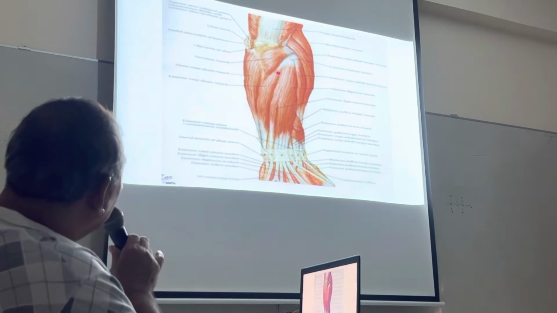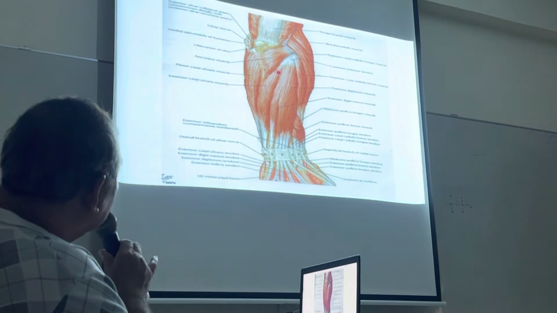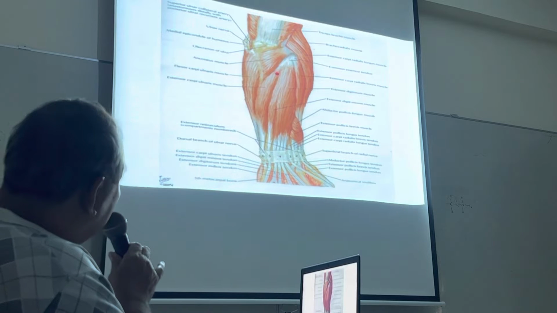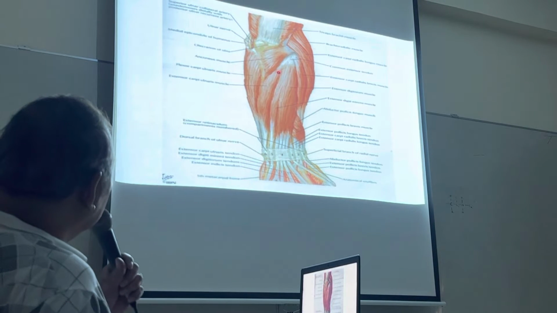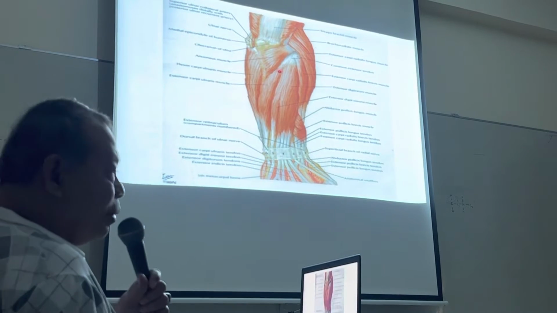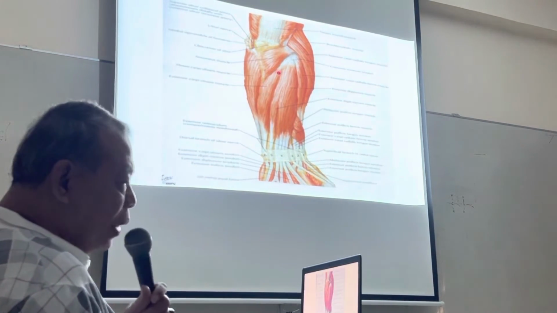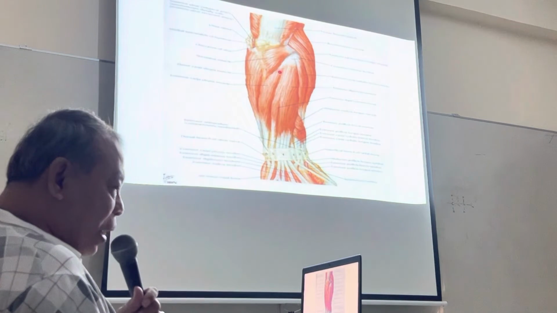So what would be the action of this muscle? Because it passes through the wrist region, it will extend the wrist, and because it's found on the lateral side, it will also abduct.